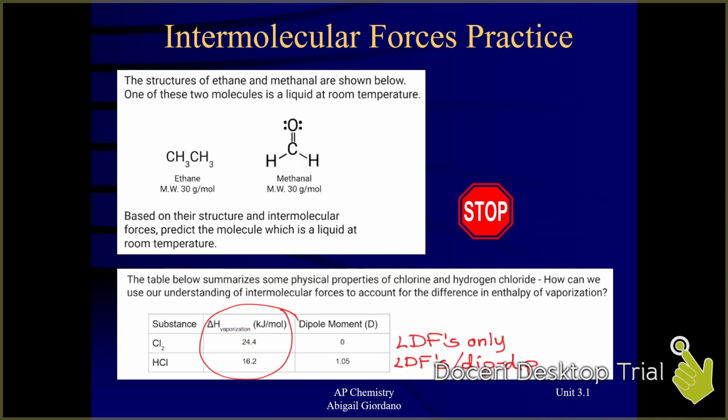So what this is saying to me is that even though HCl is experiencing more intermolecular forces, it's a smaller molecule. It's not as polarizable as chlorine. Chlorine being more polarizable, its London dispersion forces are stronger than both of the forces HCl is experiencing combined.